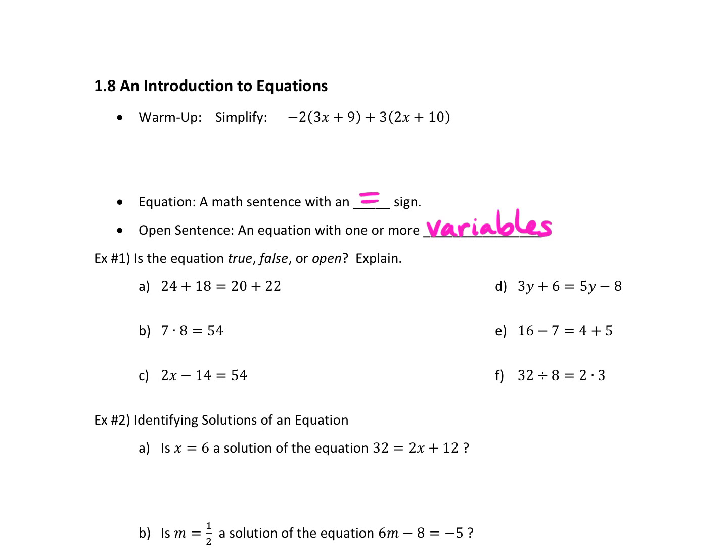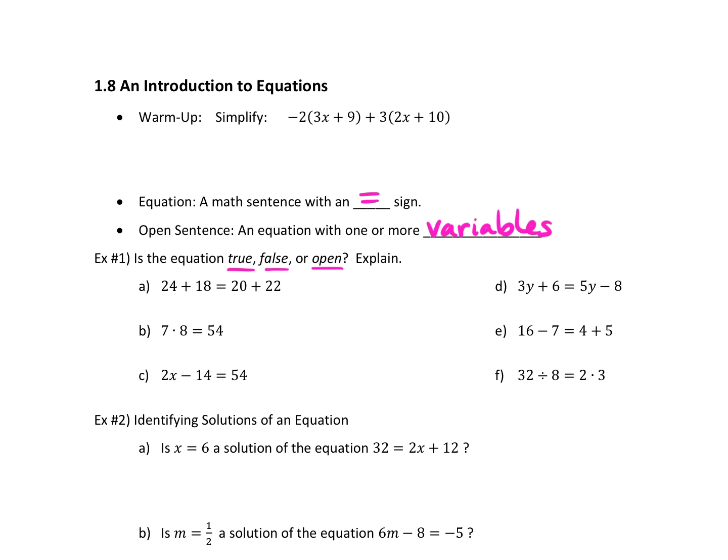So with an equation, it can be that your equation is true, it can be that your equation is false, or it can be that your equation is open, meaning there's some solving that can happen and then we end up with x equals something, right?